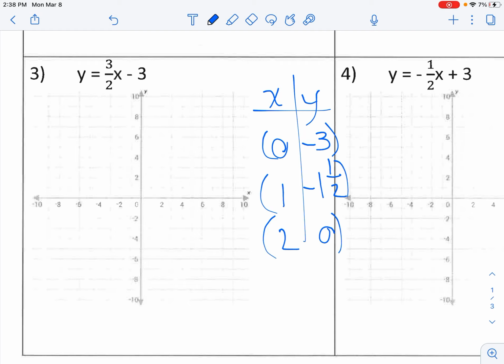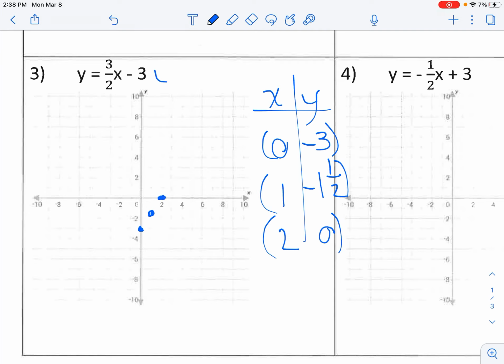Okay, so let's graph our points. We've got 0 on the x, -3 on the y, 1 on the x, -1.5 on the y, whoops, 2 on the x, and 0 on the y.